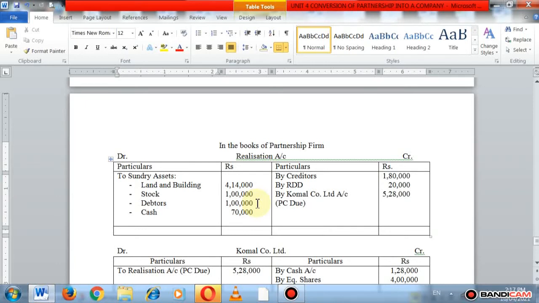So find out which side is more. So here the credit side is more, that is 1,80,000 plus 20, it means 2,00,000. 2,00,000 plus 5,00,000, 7,00,000. 7,28,000 is the total of the credit side, and the credit side is more than the debit side, because here 4,00,000, 1,00,000, 3,00,000, it means 6,84,000.